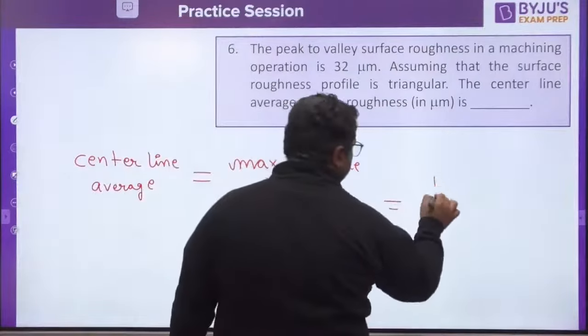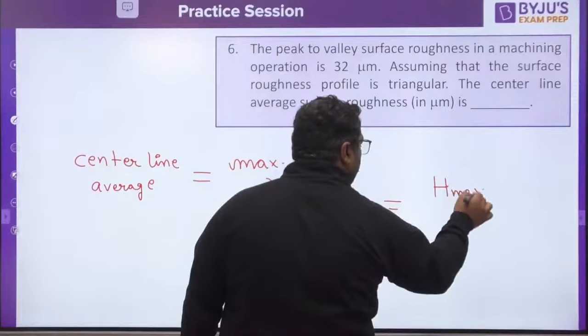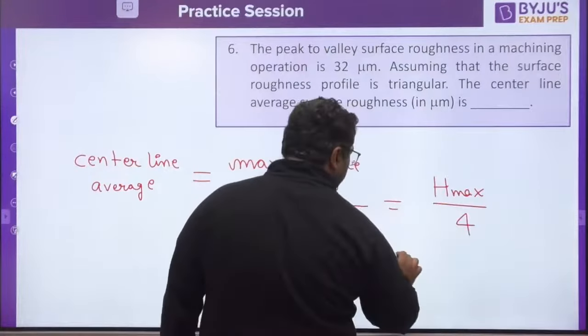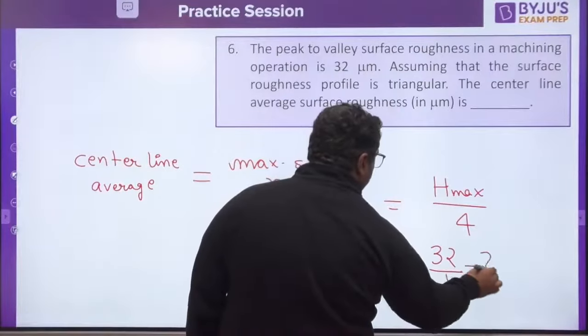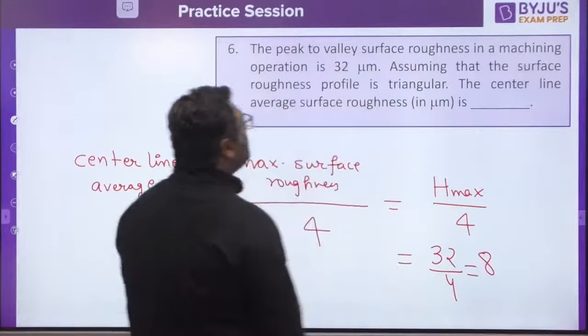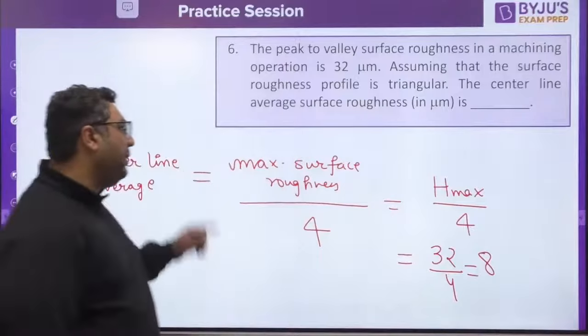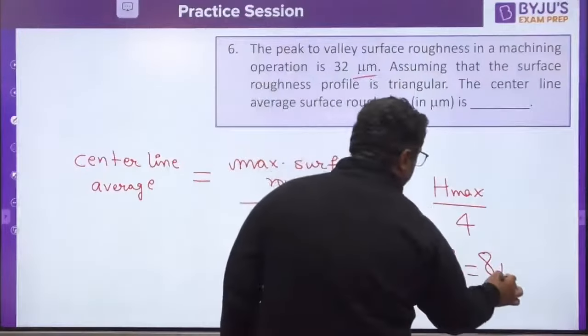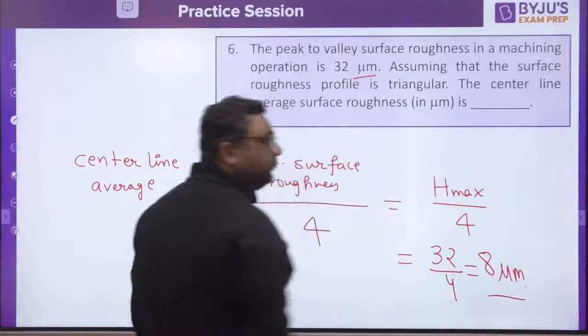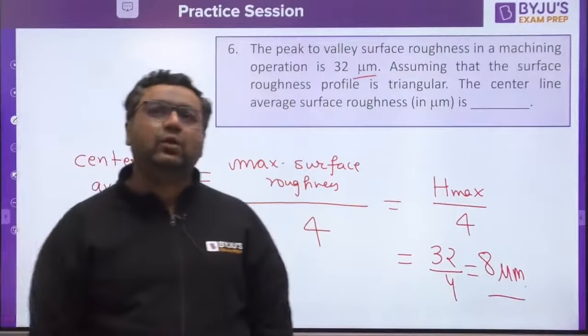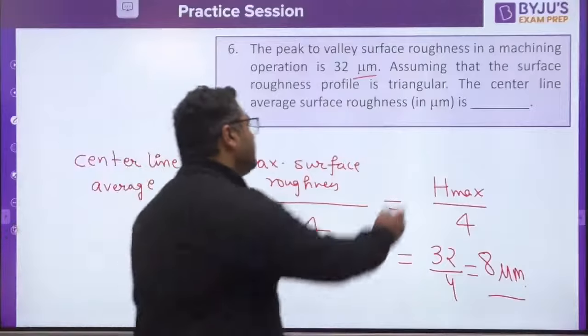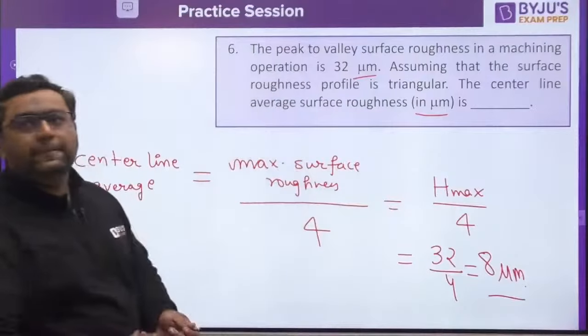It is defined as H max by 4. H max is 32 divided by 4. 8 is the answer. The unit is not mm, it is micrometer. Very good. So Ankit, 8 microns, because the answer is asked in this way only.